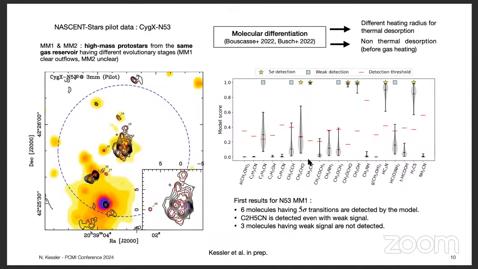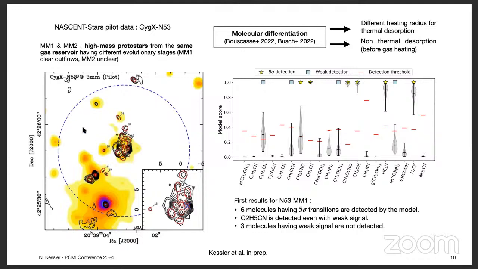The short-term goal is to use this model in the frame of the large program NASCENT stars. Timea already showed you this field, which is the field of N53 of Cygnus X. We have here in the center two high-mass protostars from the same reservoir, with MM1 on the right and MM2 on the left.